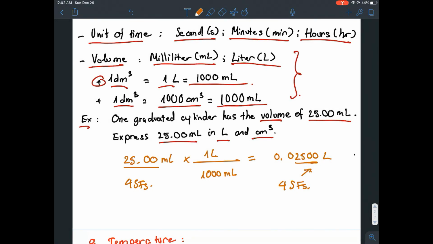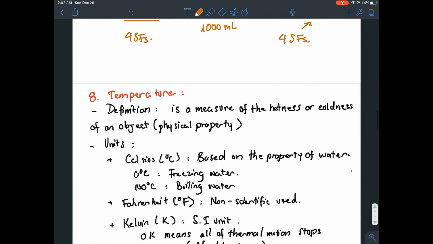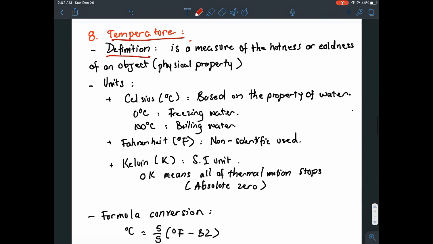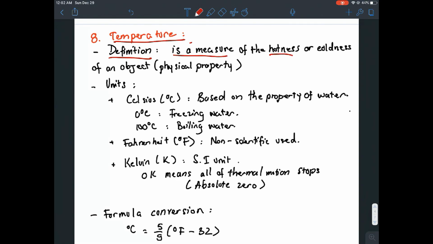We talk about the temperature. The definition of temperature is a measure of the hotness and coldness of an object. The temperature is a physical property. The units of temperature are Celsius, Fahrenheit, and Kelvin.